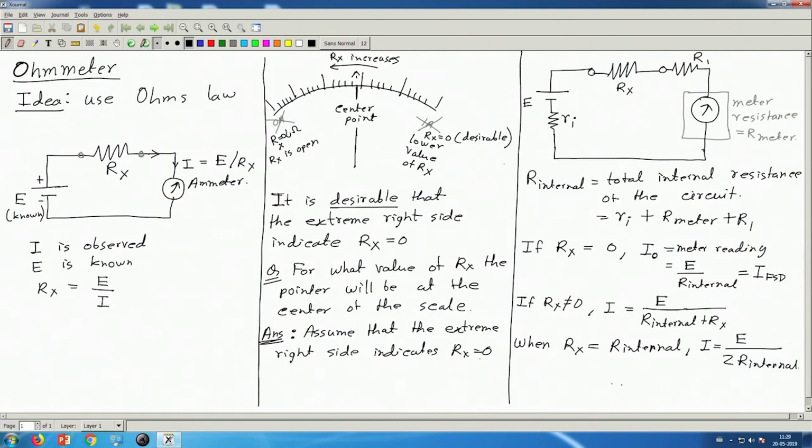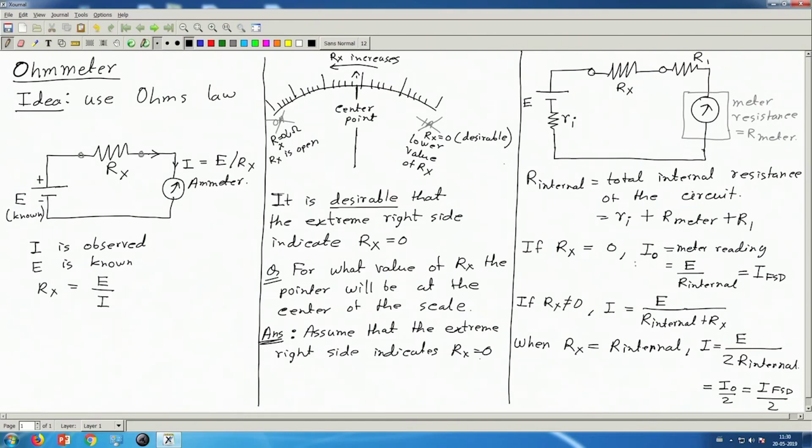Now, when Rx is equal to R internal, I can write I is equal to I0 by 2, because I0 is E by R internal and this is E by 2 R internal. So, this is I0 by 2, which is also the same as IFSD by 2.